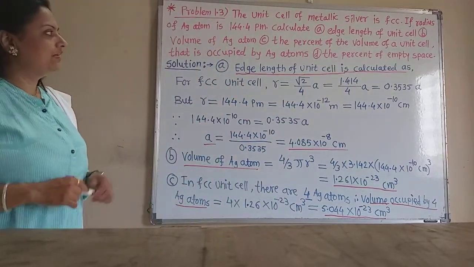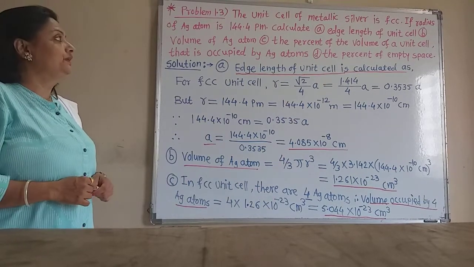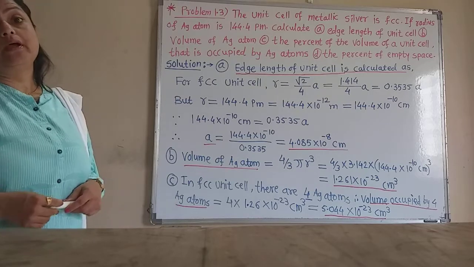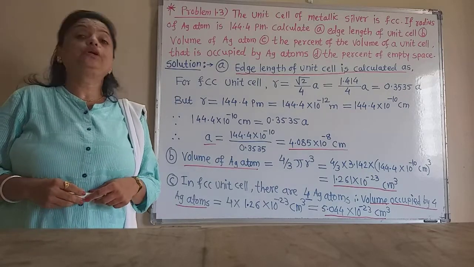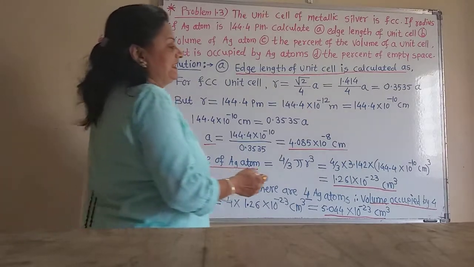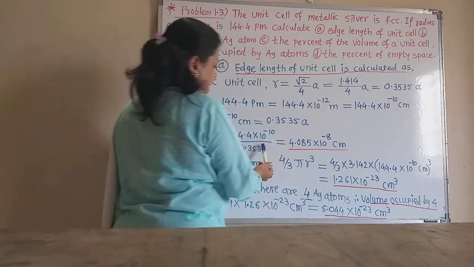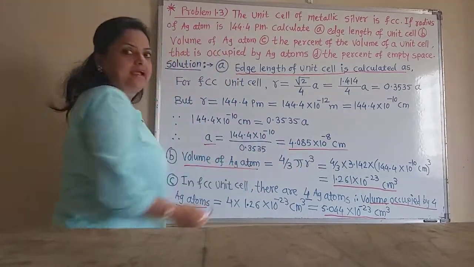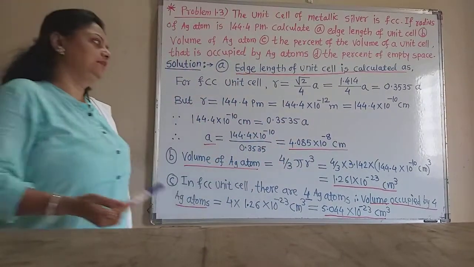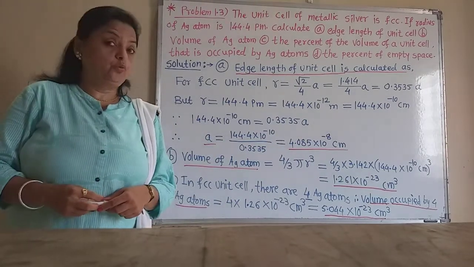So let us calculate first the third point, that is the percent of the volume of the unit cell that is occupied by silver atom. But for that we have to first calculate the volume of the total unit cell by taking the cube of the edge length, which we calculated, and by taking the cube of this value we obtain the total volume of the unit cell.